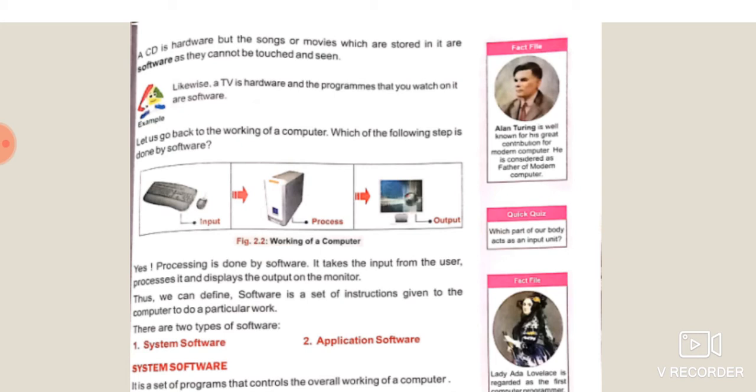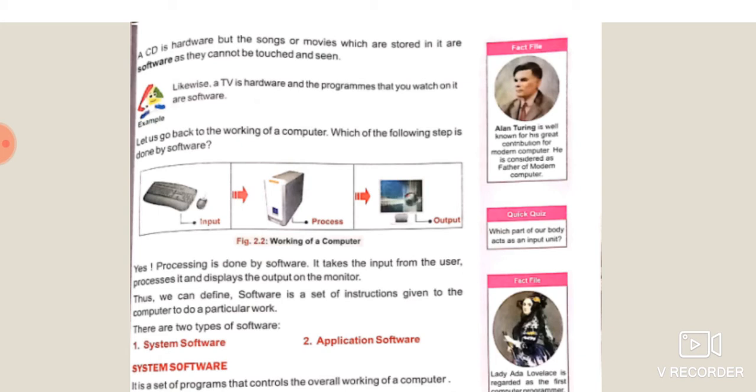No, we cannot, because it's the software part. In real life we all watch TV. We can touch the TV, but we cannot touch the serials or programs running on the television, because it's software running inside the hardware.